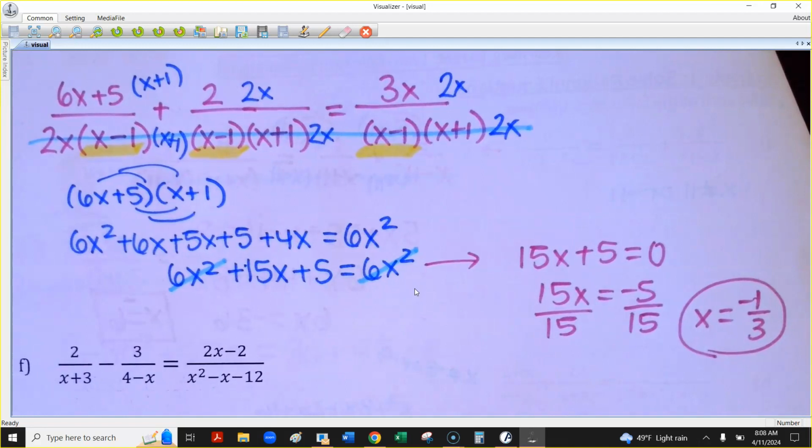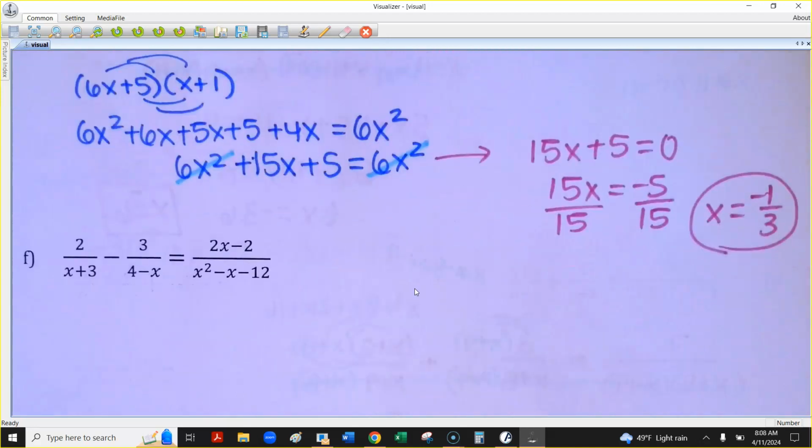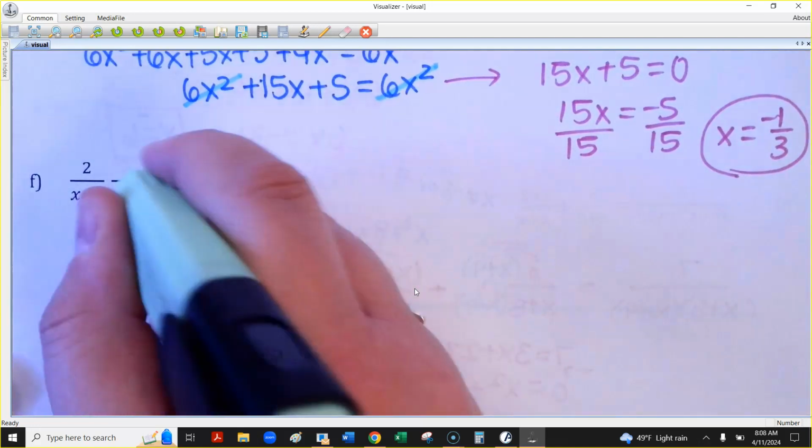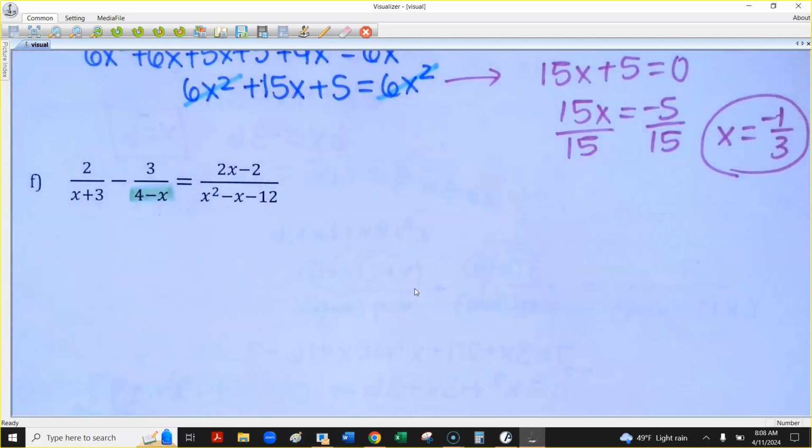Okay, now the last two have a really weird quirk to them, but they won't be bad to do. It's just got a little tiny trick. So if you ever see something like the denominator of this second fraction, it's not in standard form, right?